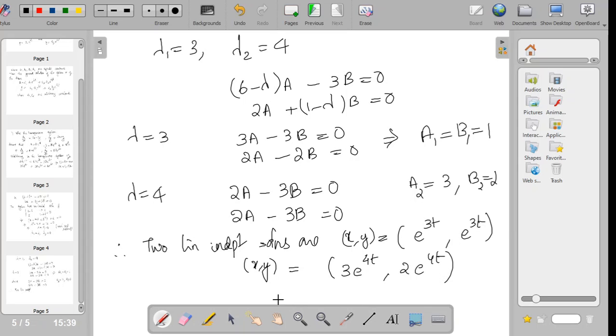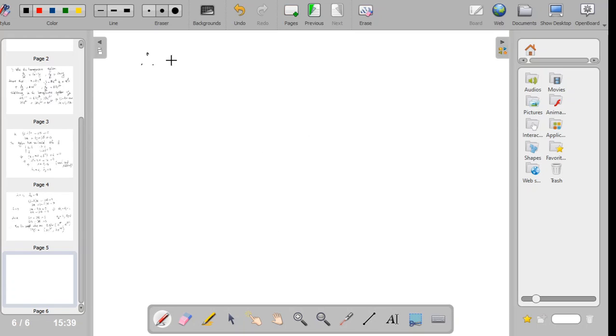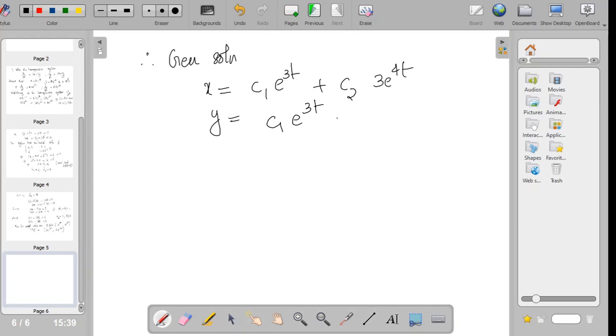Now you can write the general solution by taking the linear combination of these two. So the general solution is x equal to c1 e raised to 3t plus c2 3 e raised to 4t, and y will be c1 e raised to 3t plus c2 2 e raised to 4t. So that is the required general solution.